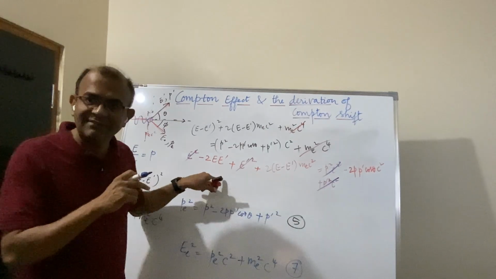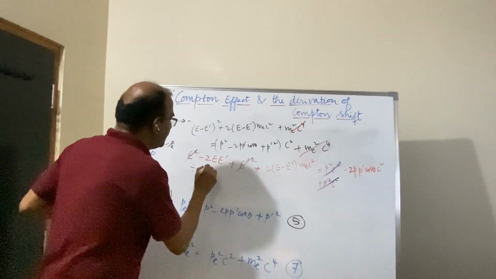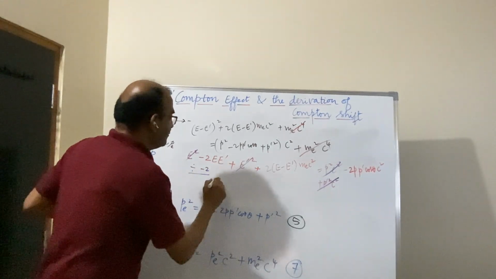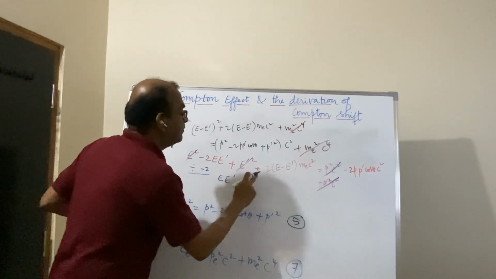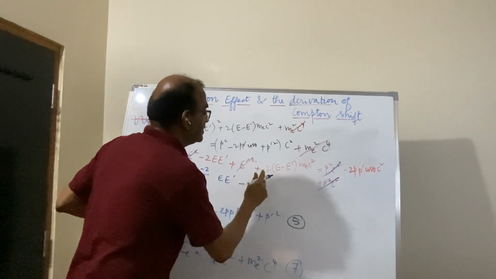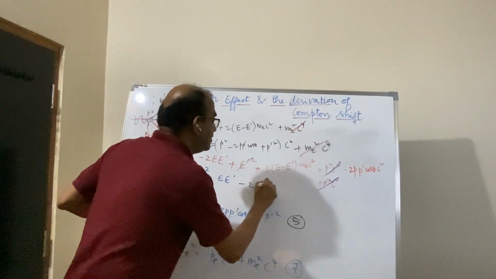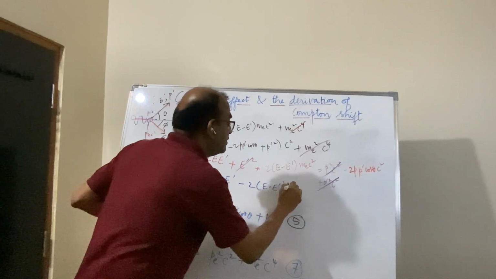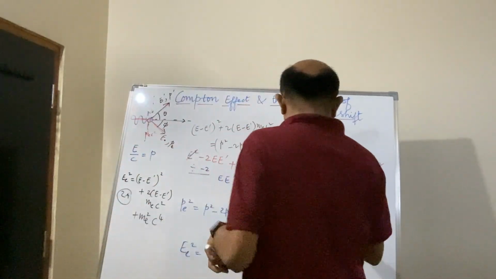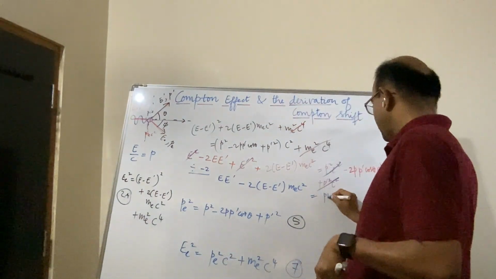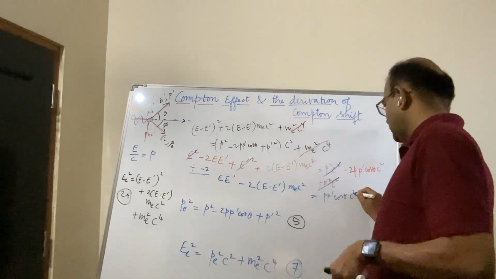So we can divide the whole thing by minus 2. We can write this equation as E prime, this plus becomes minus, since we divided by minus 2 and it's already a plus sign there. And then on the right hand side we have P prime cos theta C squared.